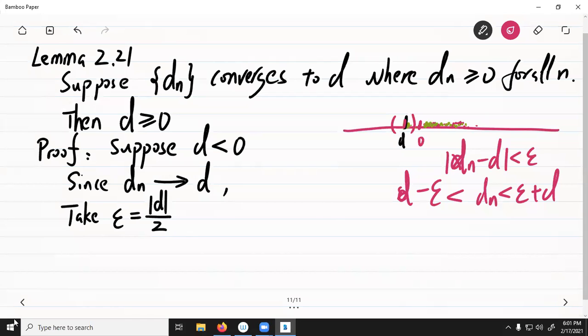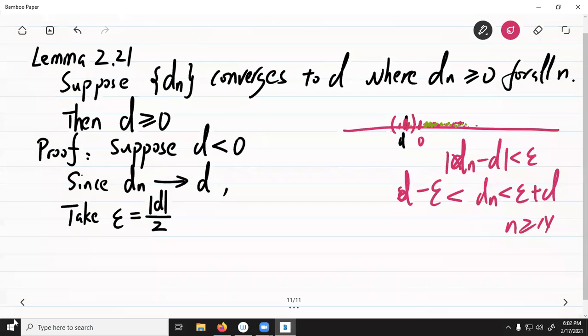So in order to make this interval be on the left side, after n is greater than capital N, all the Dn should be inside this interval, right? So how to make this interval be on the left side of 0? We just make this epsilon, epsilon is the length, less than the absolute value of D.